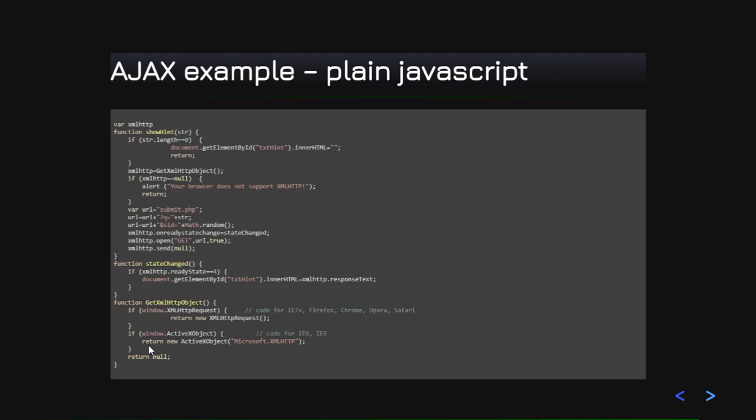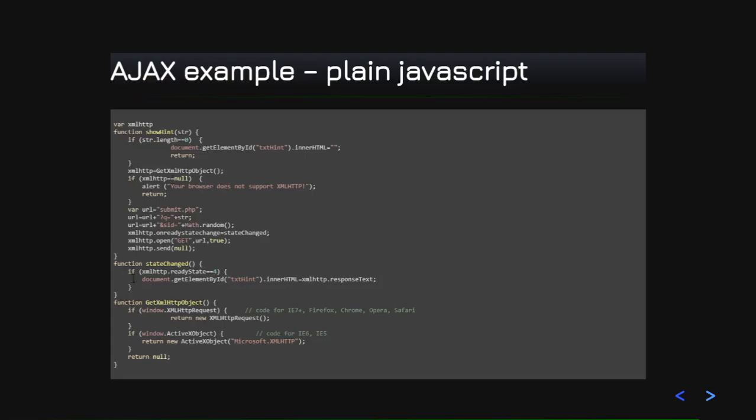There are several ways to do Ajax requests in jQuery, and they all involve writing less code. So instead of writing this, you write about a third of the code for performing an Ajax request. So it's a lot easier to do it in jQuery than in plain vanilla JavaScript.